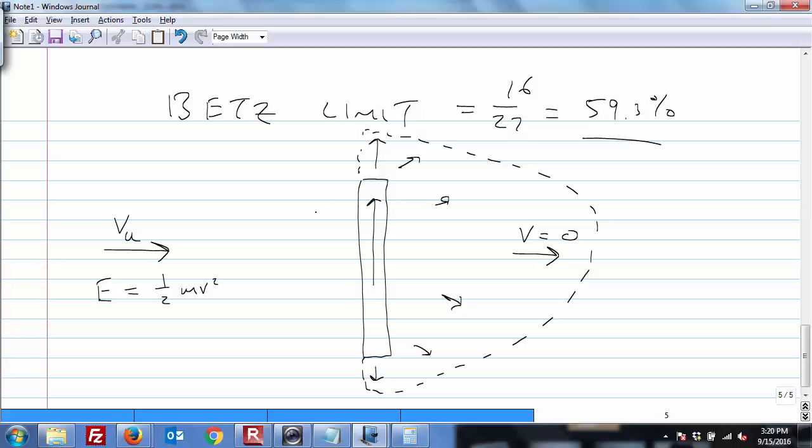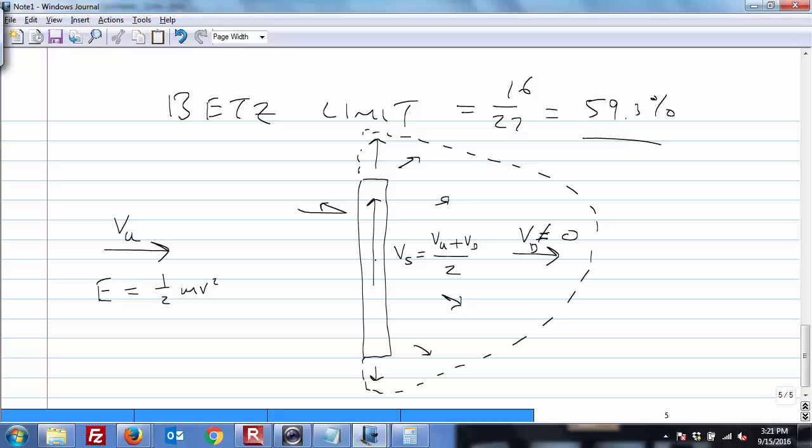Or maybe let's invent something where the air comes in and bounces off. Well, it's still going to have some energy coming off there. As it turns out, Betz's limit, this 16/27, comes out of the fact that the average velocity in the system, I'll just call this the velocity of the system, equals V up plus V down over 2.